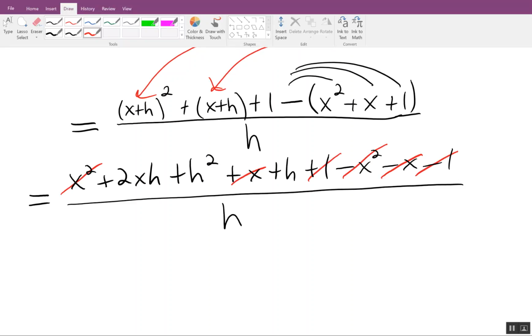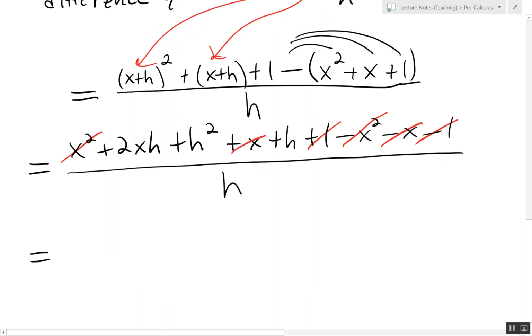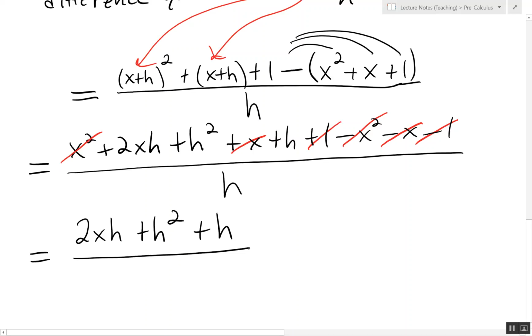And notice something peculiar in the numerator. We get a 2xh plus h squared plus h, and we're going to divide that all by h. And notice that in the numerator, every term has an h in it.